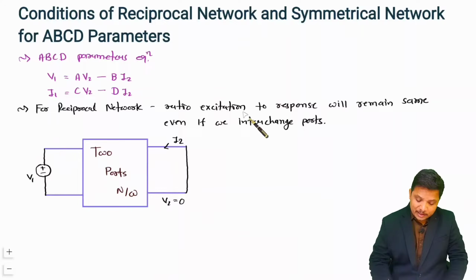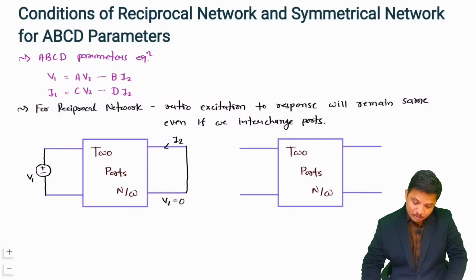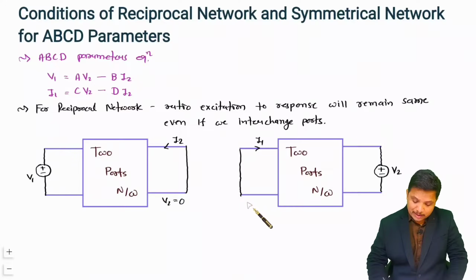Now as per the definition, if we interchange the ports, then this ratio will also remain the same. So let me take another two-port network in which I provide excitation at port 2, and that excitation voltage is V2. Now I'll measure the response at port 1. Let us say my response is I1 and port 1 is shorted, so V1 is equal to 0.